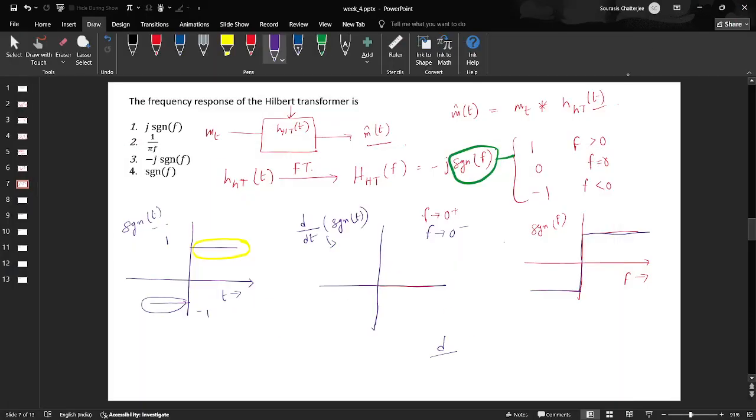I am calling this derivative at t equal to 0 is given by 2 times delta t. Delta function we have already talked about in previous sessions. Now it's 2 delta t. So it's like this.